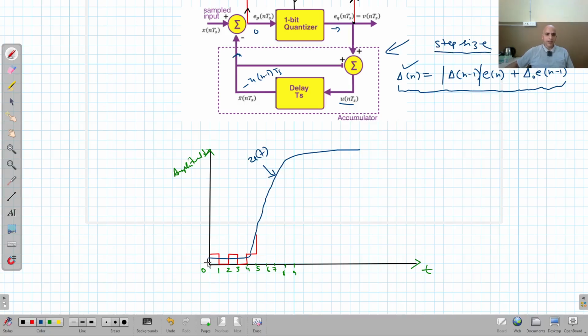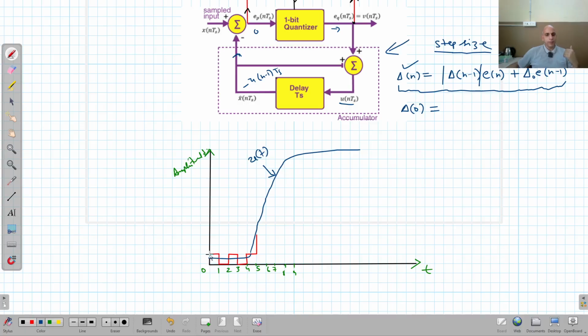Now let's start from time 0, t is equal to 0. It means n is equal to 0. n is basically the time at which we are taking the sample. So delta 0, you can look at this point. Now at this point, obviously this information signal is higher than the coming staircase, because we don't have a staircase.